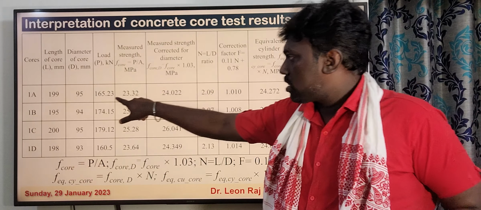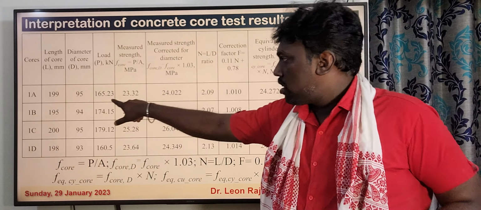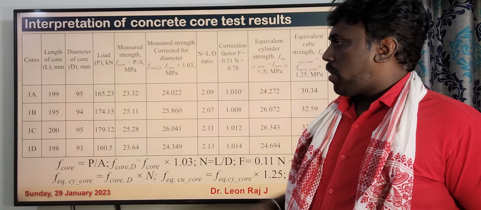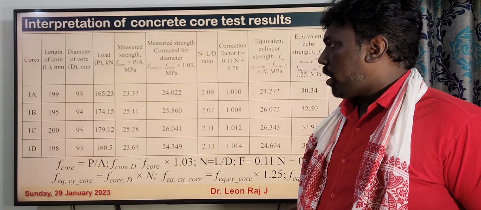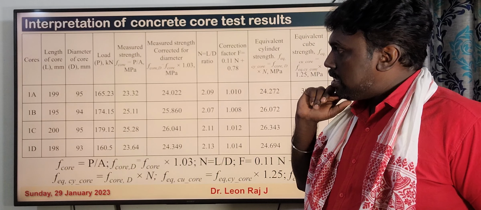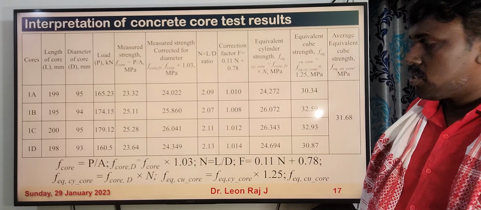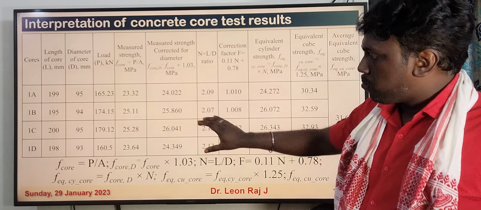So load is 165.23 divided by pi by 4 into d square. Here d is 95 mm. So the measured strength is 23.32 MPa for 1A core. For 1B core, the measured strength is 25.11 MPa. For 1C, the measured strength is 25.28 MPa, and the measured strength of 1D core is 23.64 MPa.